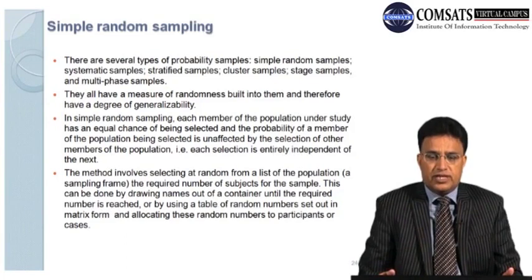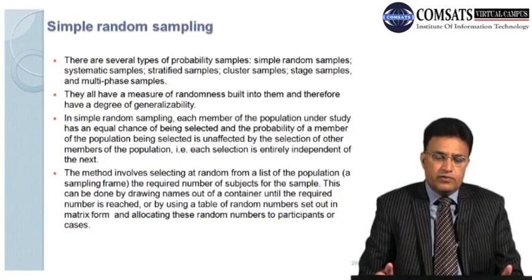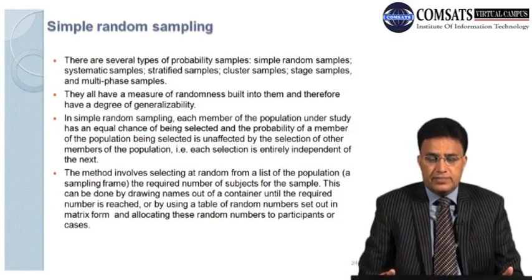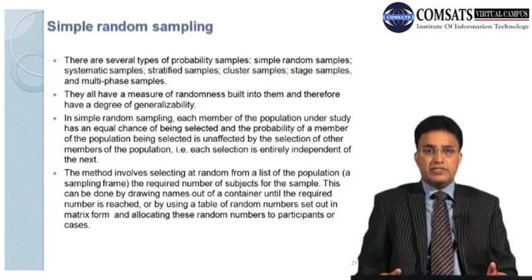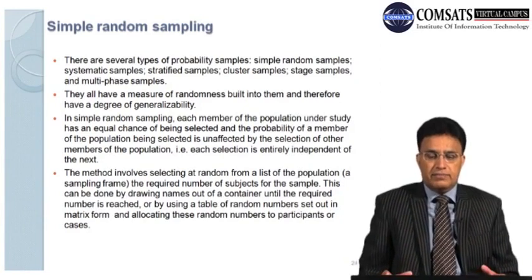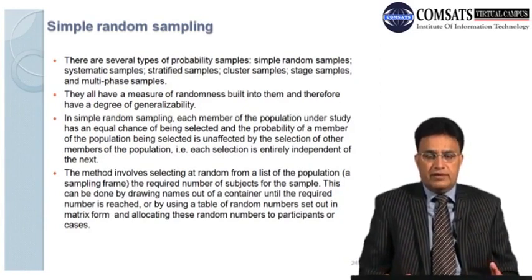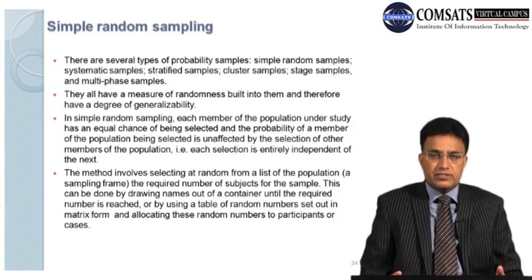That is, each selection is entirely independent of the next. The method involves selecting at random from a list of the population, a sampling frame, the required number of subjects for the sample.